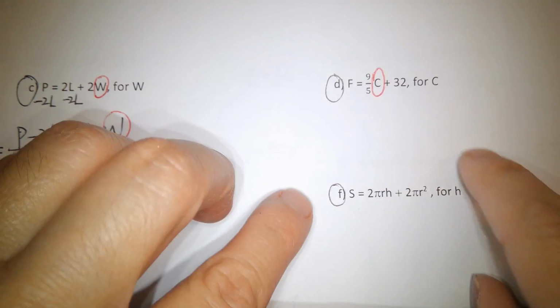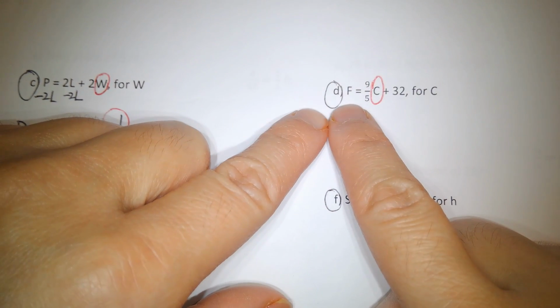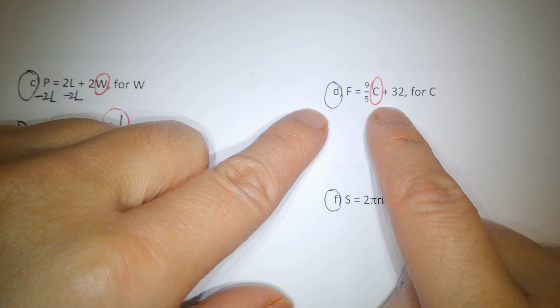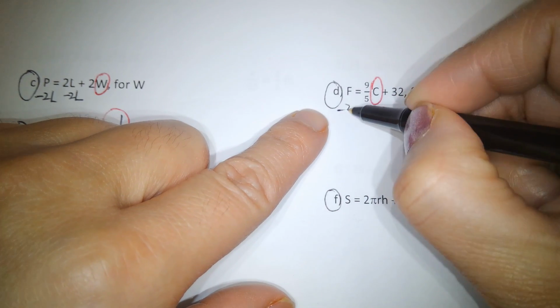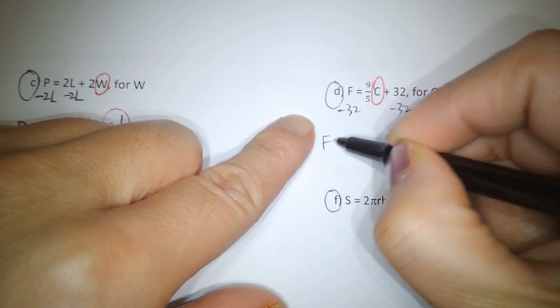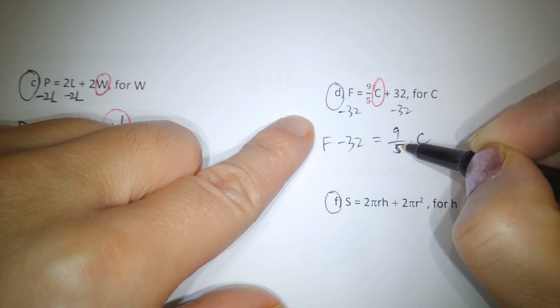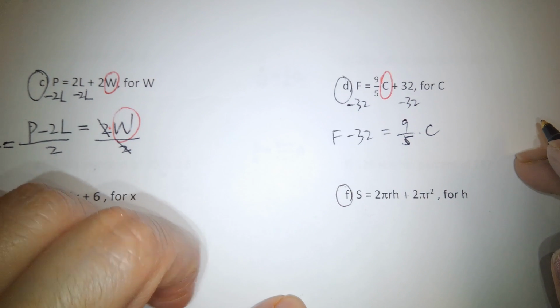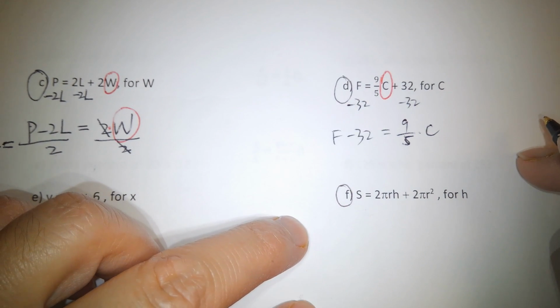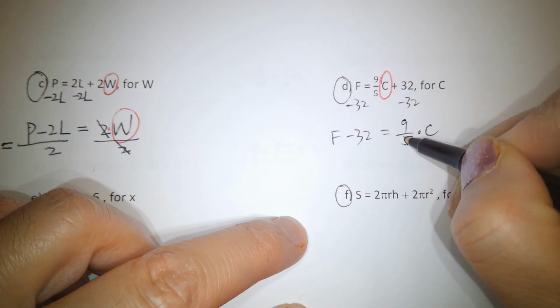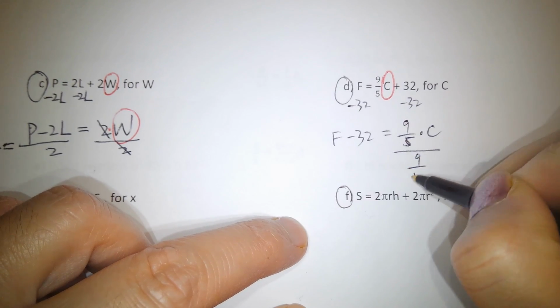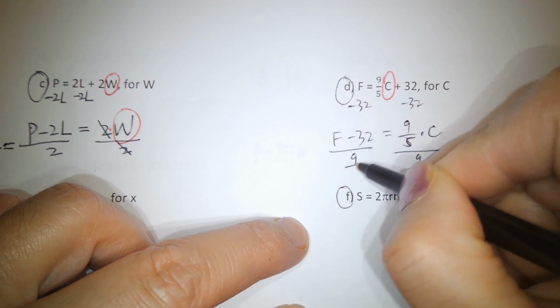Daniel, since you have some idea. What I try to do is subtract 32 from each side, so it'll be F minus 32 equals 9 over 5 C. Yes. And then divide by 9 over 5 from both sides, right?